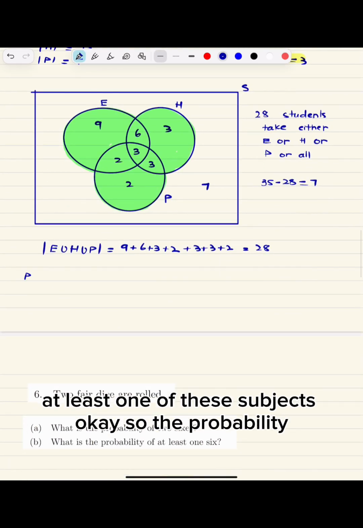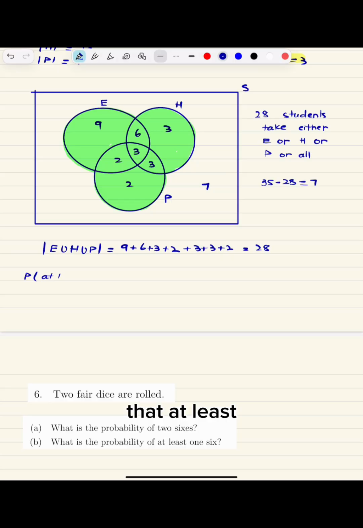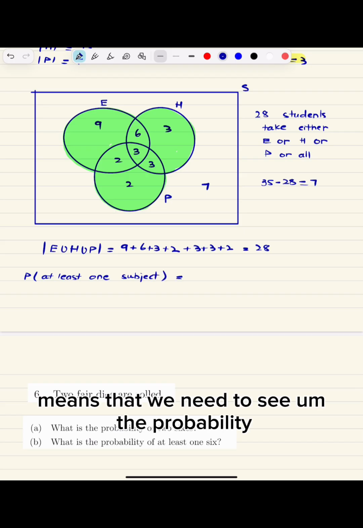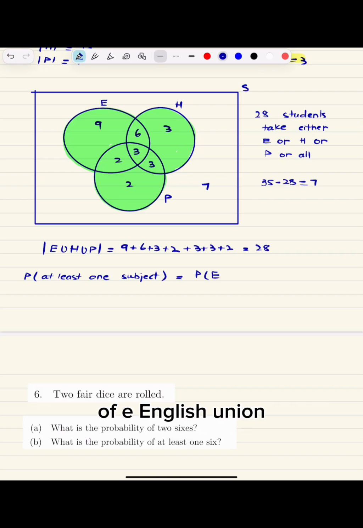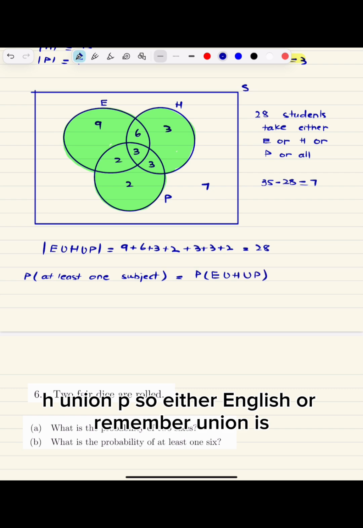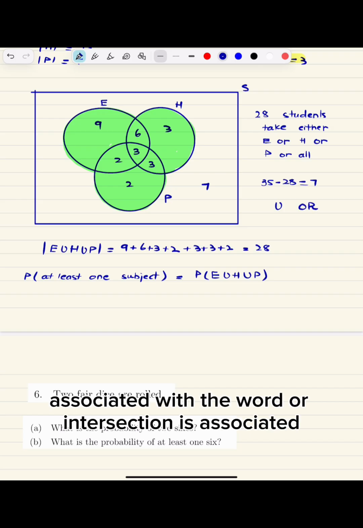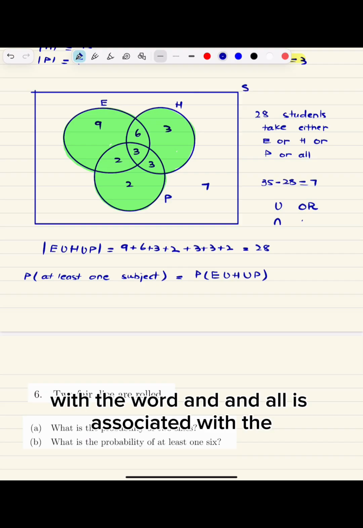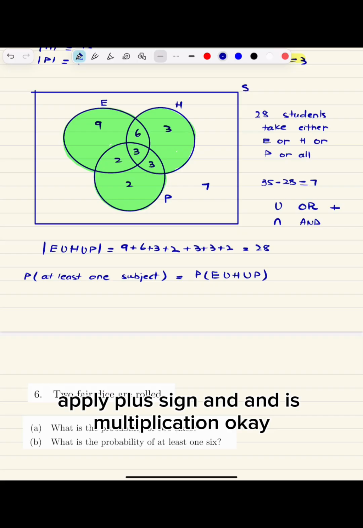So the probability that at least one subject is taken means that we need the probability of E union H union P. Remember, union is associated with the word or, intersection is associated with the word and; or is associated with the plus sign, and is multiplication.